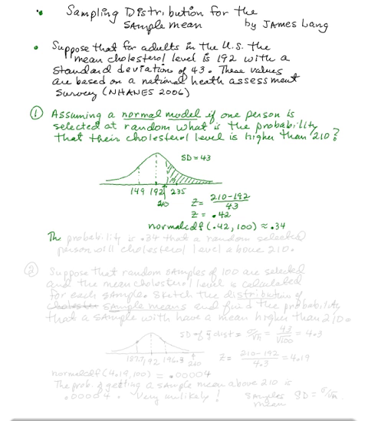So the probability is 0.34 that a randomly selected person will have cholesterol level above 210.